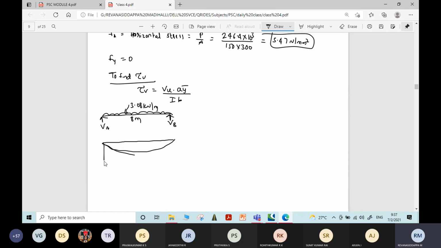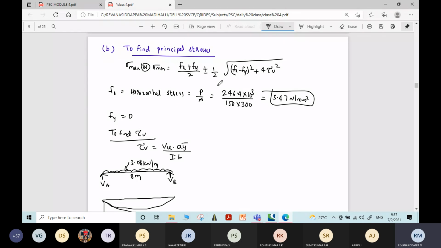What is the vertical component? It is P sin theta. Therefore, the reaction at the support is the sum of reaction due to the loading and vertical component of the pre-stressing force. That is VA minus P sin theta is the shear force Vu.